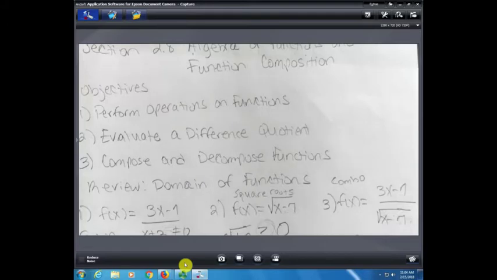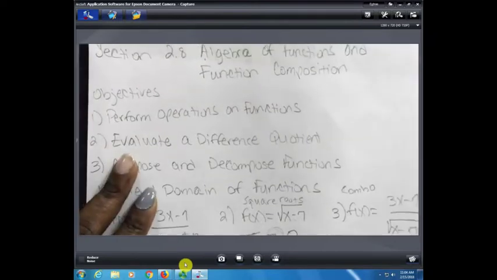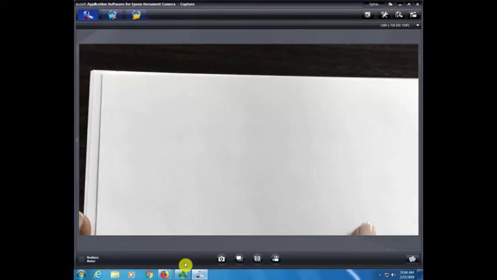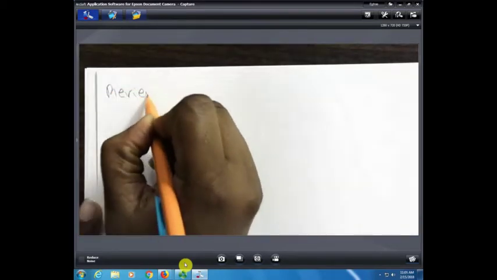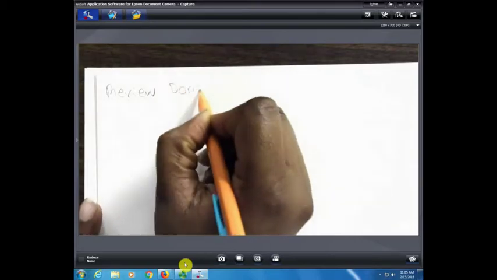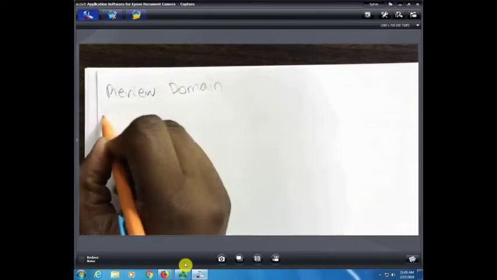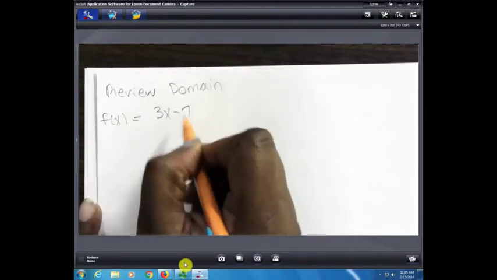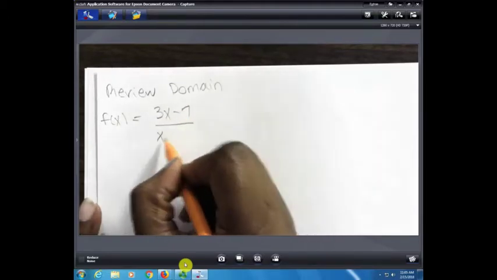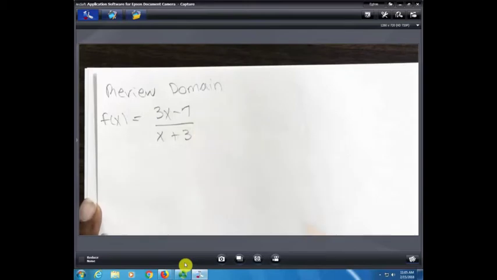So this first function, f of x, is equal to 3x minus 7 over x plus 3.